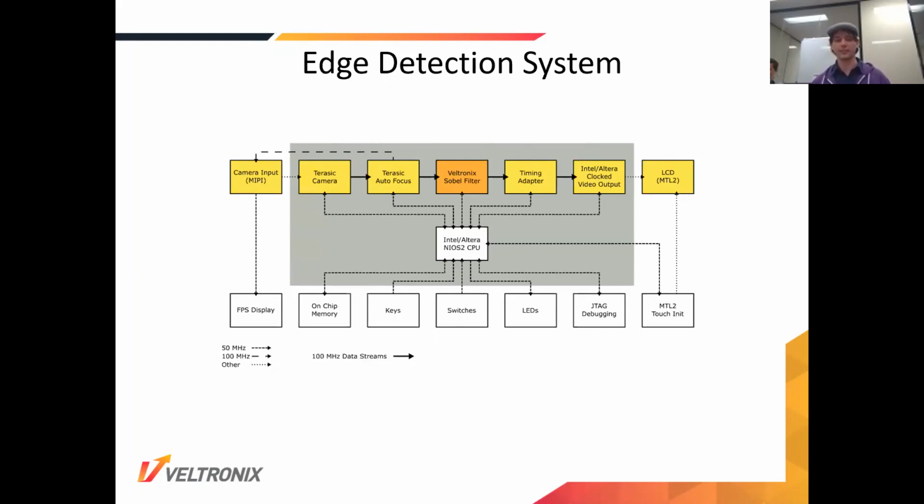Most of that we're going to leave as is, and we're going to insert a Sobel filtering block. As you can see in this image, the orange block in the middle there, we're going to insert into the image stream and adjust the image from the camera as it passes through.